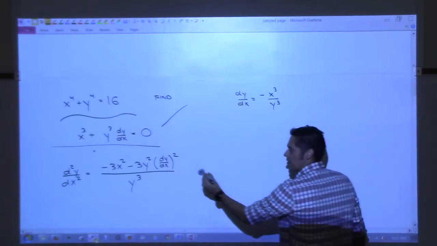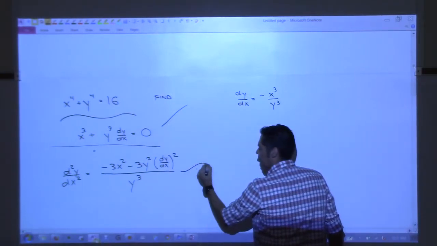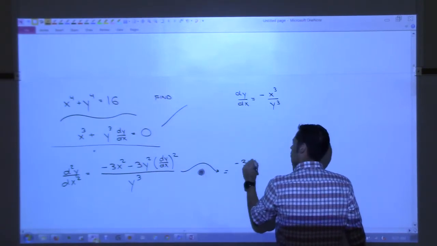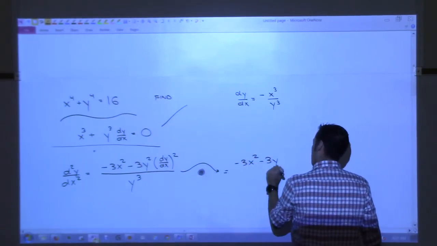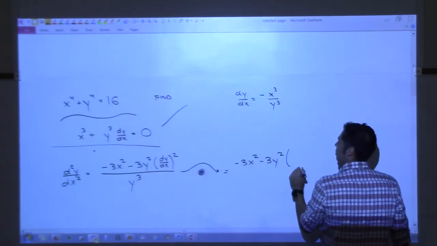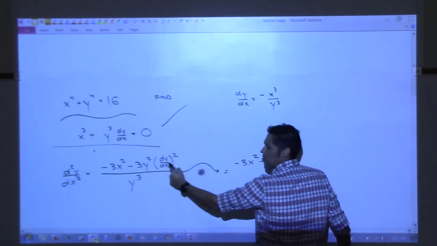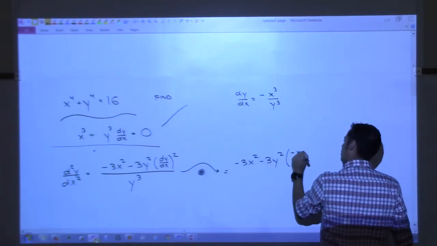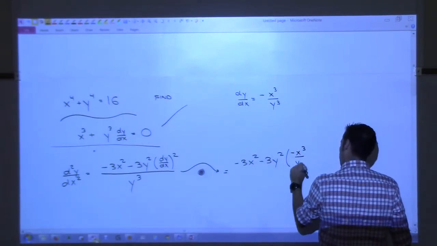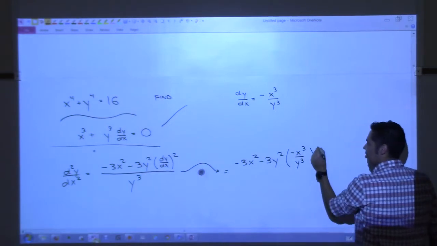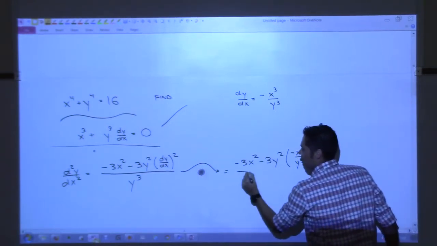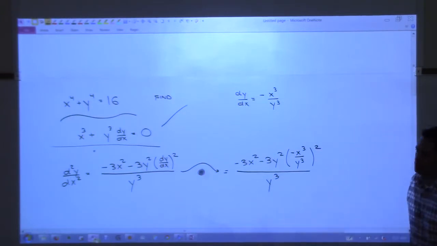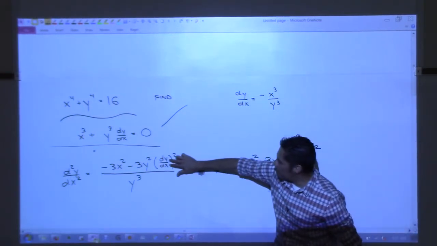So now let's go back to this. Come right here: negative 3x squared minus 3y squared times the derivative of y with respect to x, which was this, negative x cubed over y cubed, but all of that squared, over y cubed. So there's my first derivative, right there.